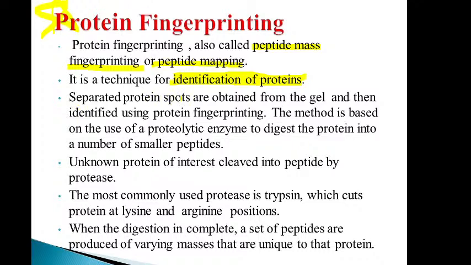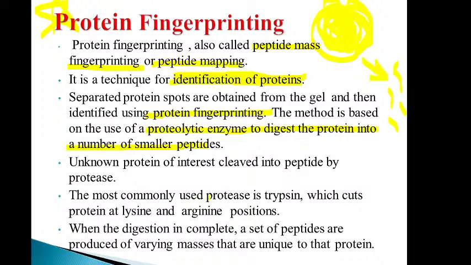So separated protein spots are obtained from the gel and then identified using protein fingerprinting. The method is based on the use of a proteolytic enzyme to digest the protein into a number of smaller peptides. So suppose this is a highly compact protein. We are using the enzyme so that we will be able to break this protein into polypeptides. So the unknown protein of interest is cleaved into peptides by a protease.